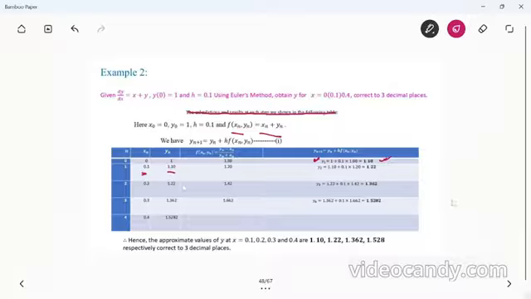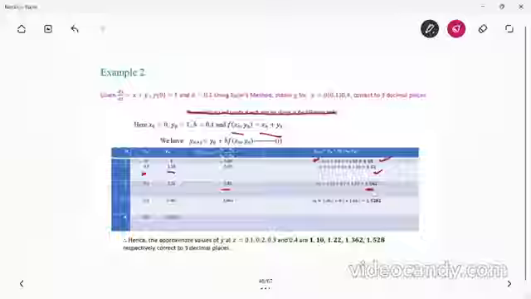f of x2, y2, we can calculate the functional value from this function f of x and y, that means x plus y. So we are getting 1.42. Next y3 we can calculate: 1.22 plus 0.1 into 1.42, that means 1.362. Next is x equals 0.3, where y is 1.362.